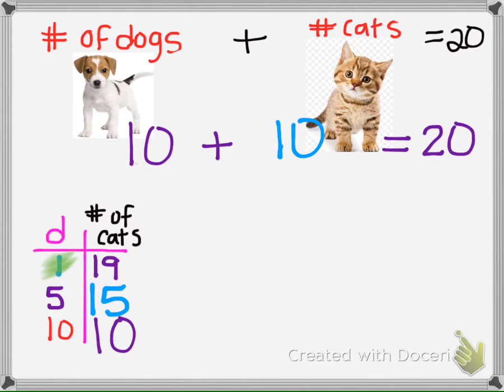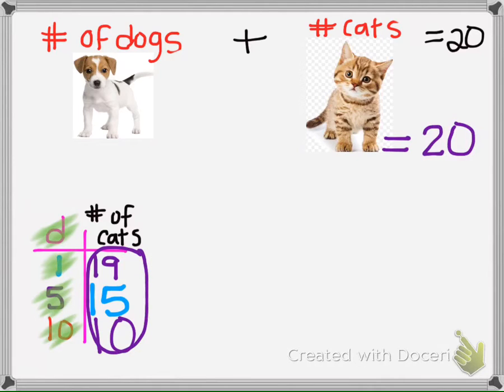So, using this variable here, using D, how can we get the values in this column here using the number of dogs, if we knew how many dogs? So let's think about it this way.